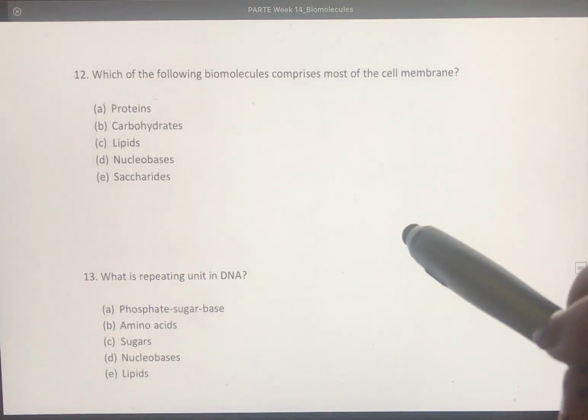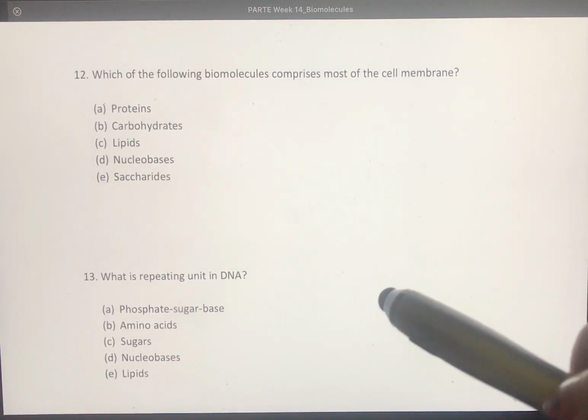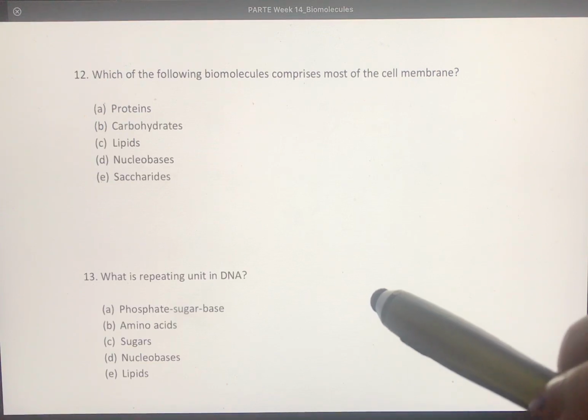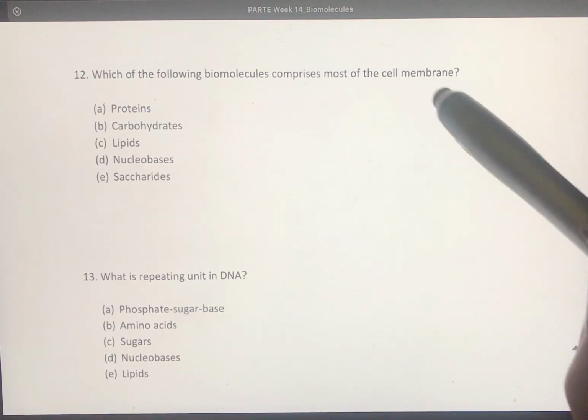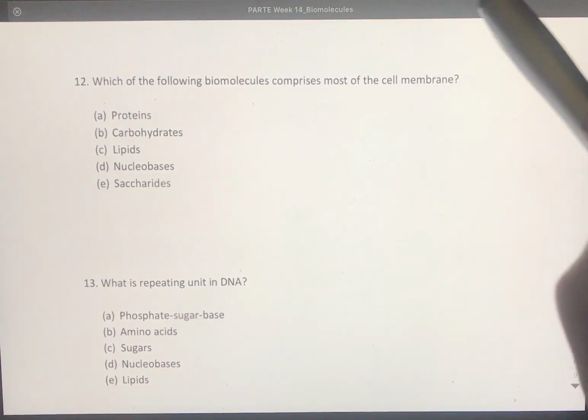All right. Which of the following biomolecules comprises most of the cell membrane? So this one is just going to be a knowledge-based question, but the cell membrane is made up of what are called phospholipids.